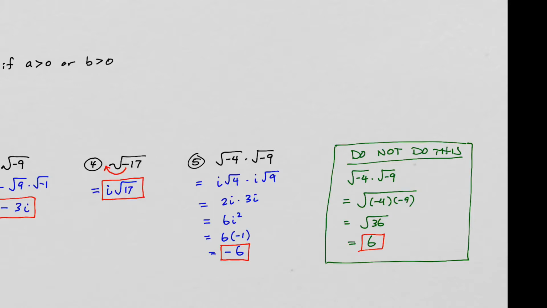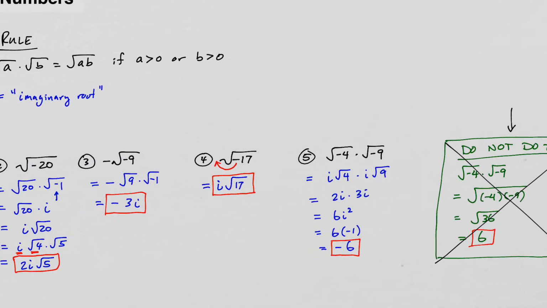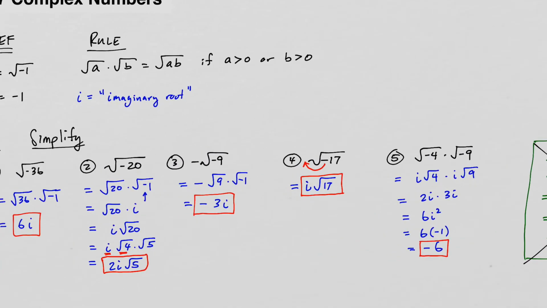So we made a mistake here in the second method. You can't do this because what you're doing is multiplying these radicals together even though both numbers are negative. And this is precisely why back here in our rule, it says that you can only multiply these numbers together if either a or b is positive.